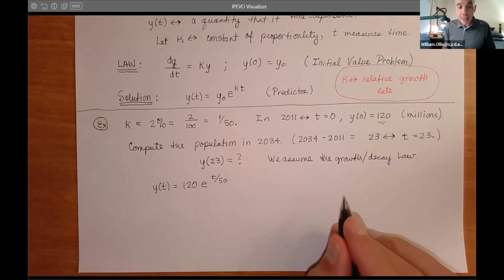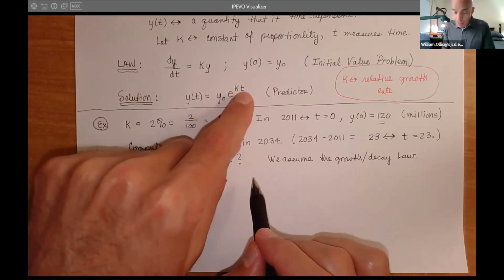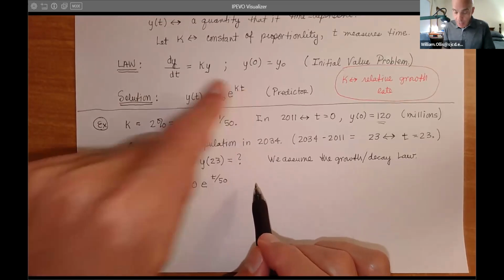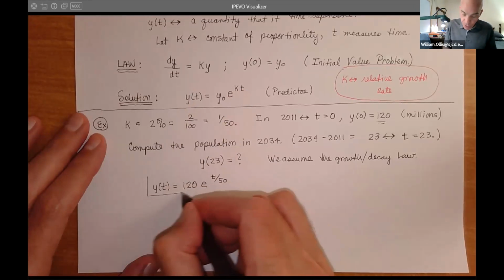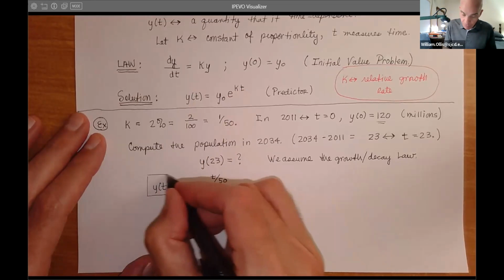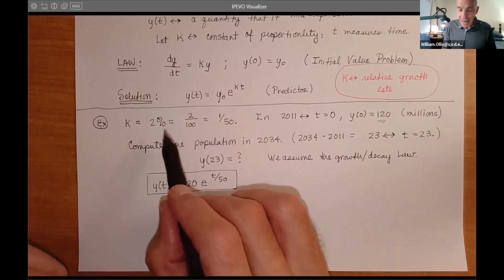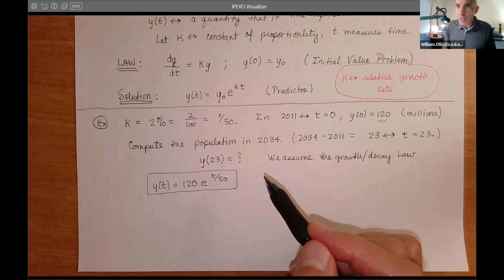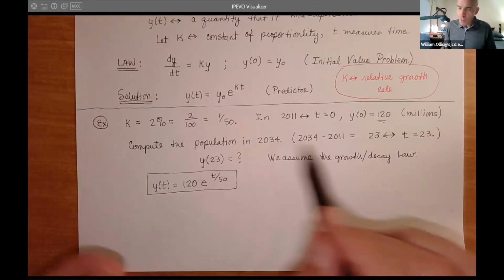So the idea here is that when we do the k times the t, we're doing 1 over 50 times t, and that gives us t over 50. So this gives us a nice predictor model right here. So if you're given a problem where they actually give you k and the initial amount, you really don't have any work to do. That's the easiest problem. But this is a good place to start.